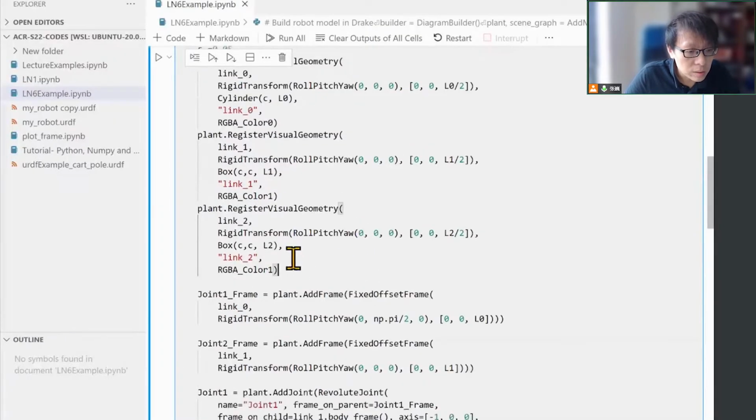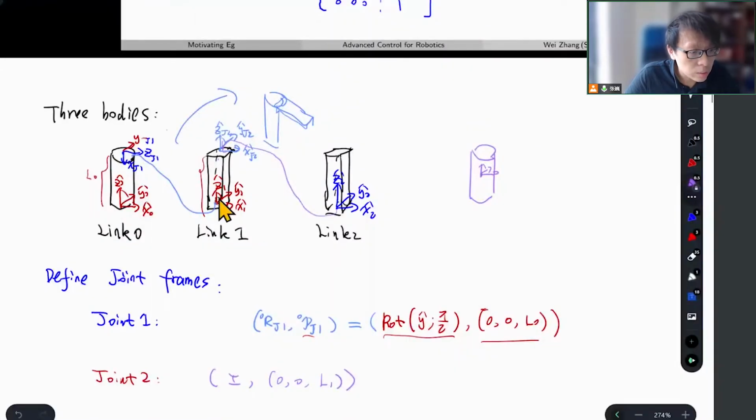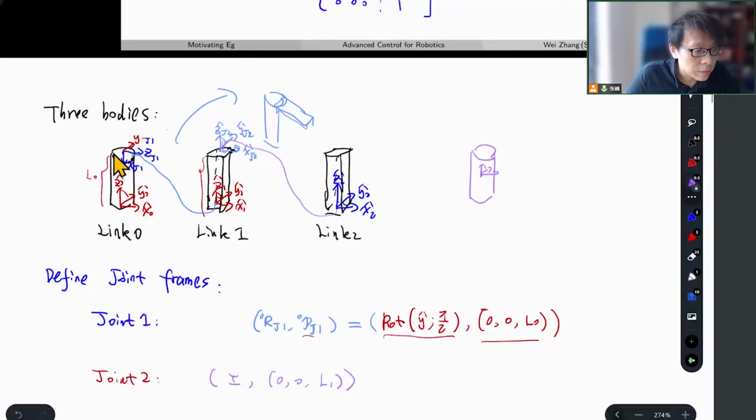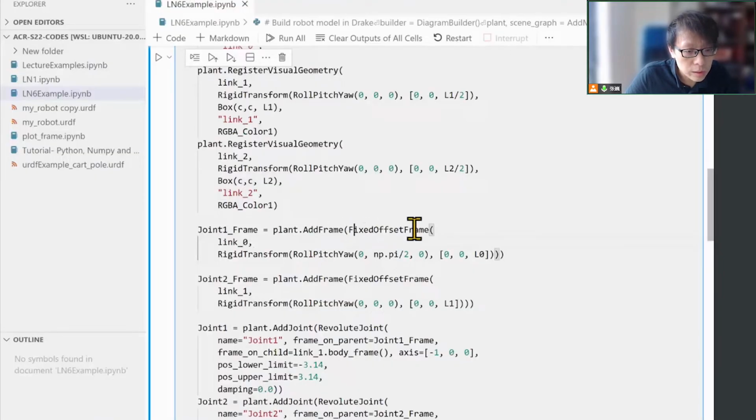And then I need to specify the joints. How do I connect different bodies? I first need to define my joint frame 1. This is joint frame 1, and I have to add a frame, attaching it to the first body, link 0, all right? This one has a rotation about the y direction by half pi and displacement 0, 0, L0.